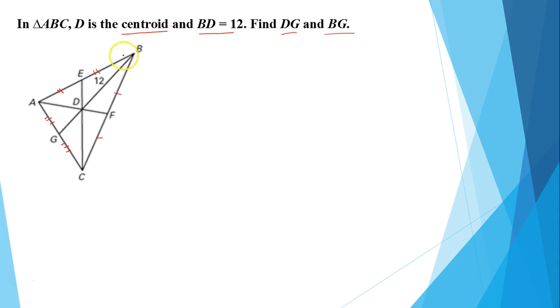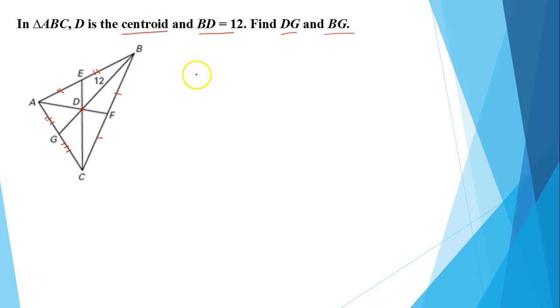If D here is the centroid, then BD, the longest portion of our median, is 2/3 of the whole length. See, this portion left over is shorter than this portion.